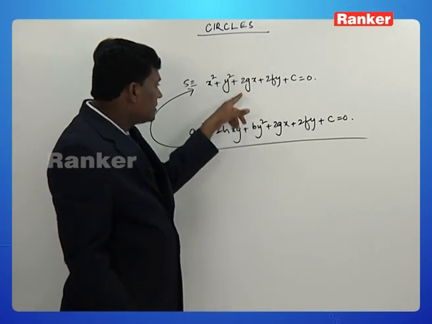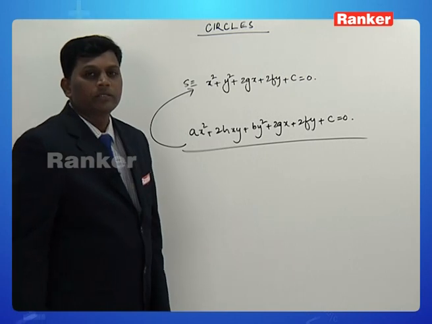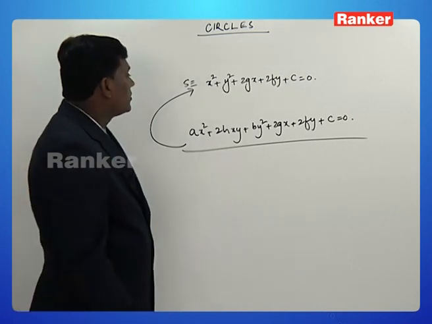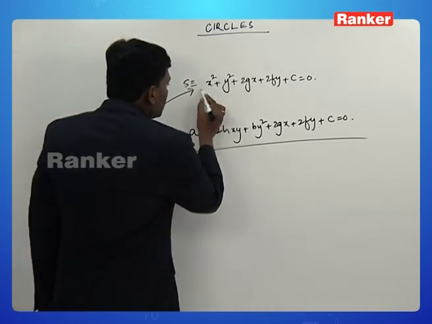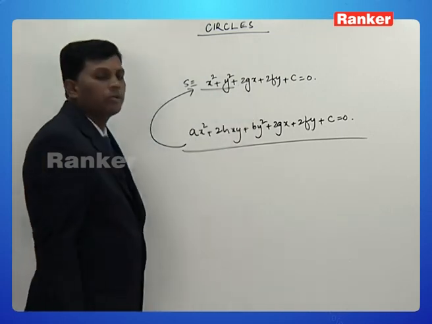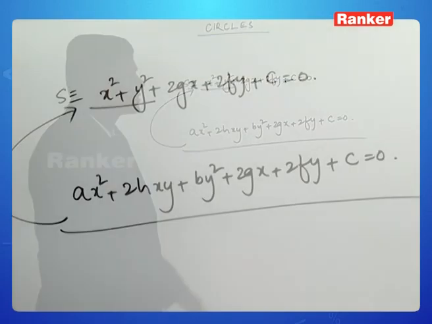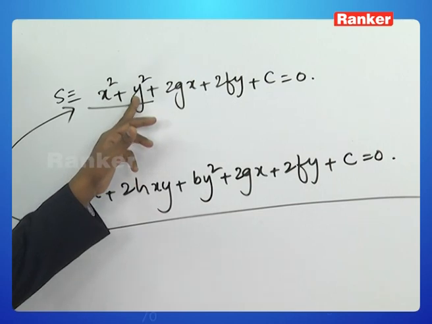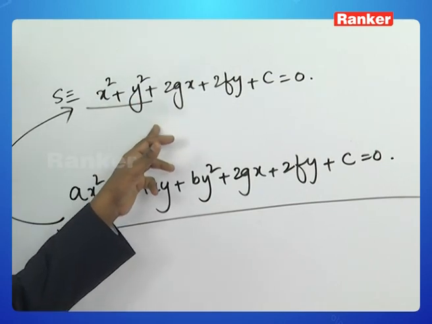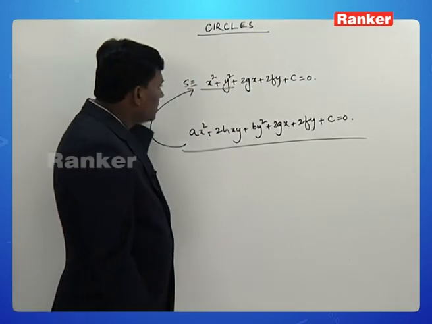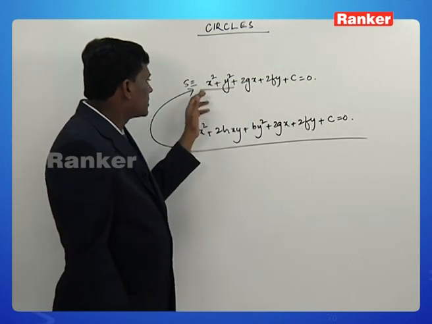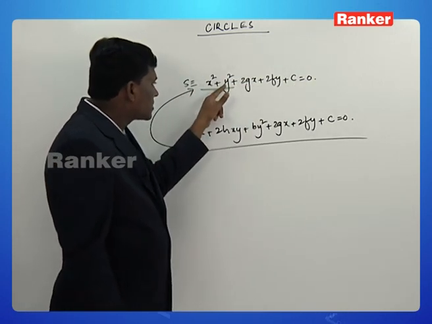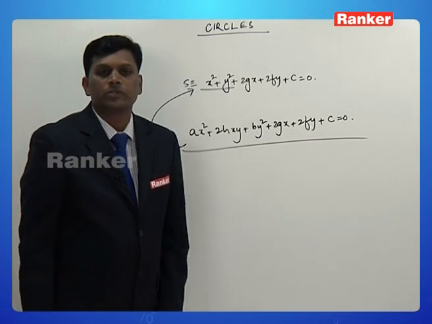To get this in the standard equation, what is the compulsory condition we find here? The x square and y square coefficients. Here the x square and y square coefficients are both equal to 1 and 1. If you multiply the entire equation by some k, you will get kx square and ky square also.